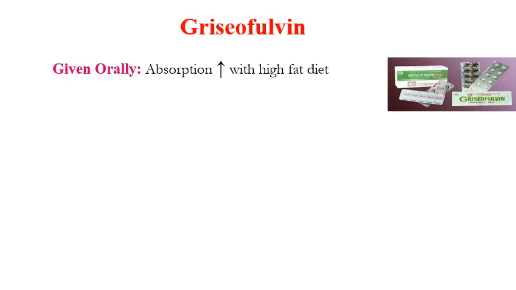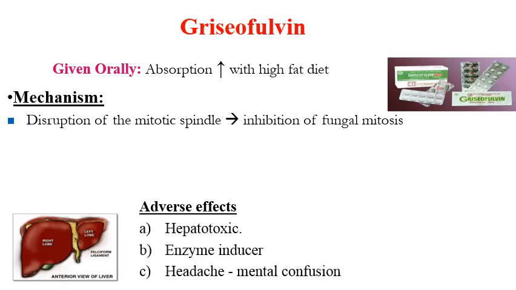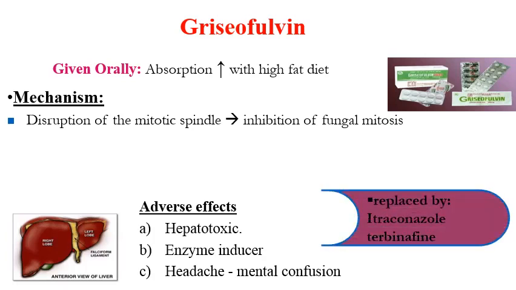Okay, griseofulvin acts by inhibition of the mitotic spindle, so it inhibits fungal mitosis. An important adverse effect is enzyme induction. Griseofulvin acts as an enzyme inducer, and this leads to many adverse effects, and it is also hepatotoxic and causes headache and mental confusion.